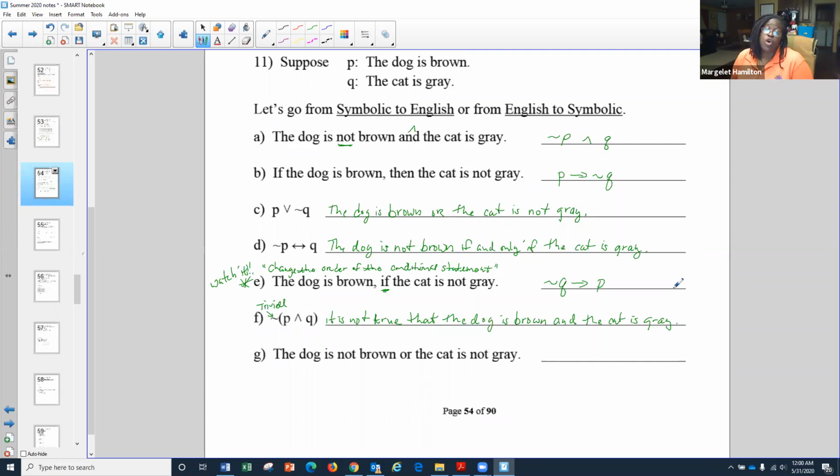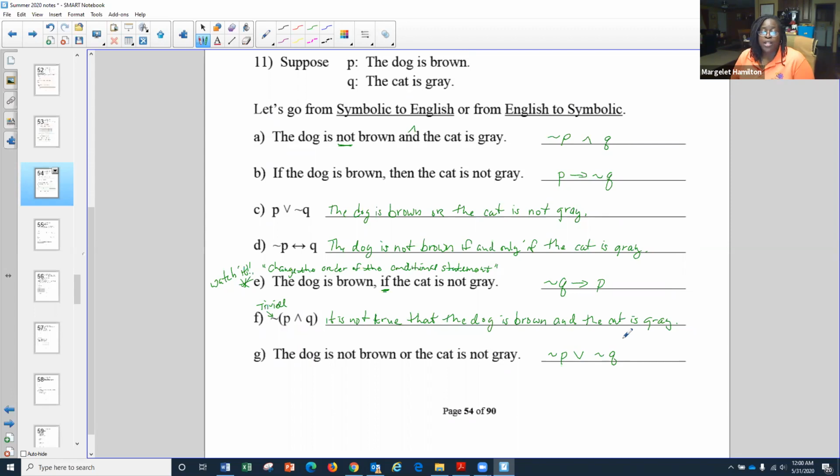The dog is not brown would be, I'm sure you got it, negation P. Then, or the cat is not gray, negation Q. And there we have that.